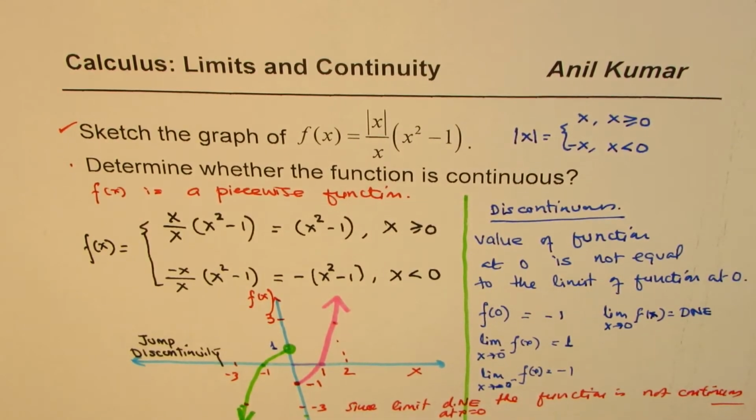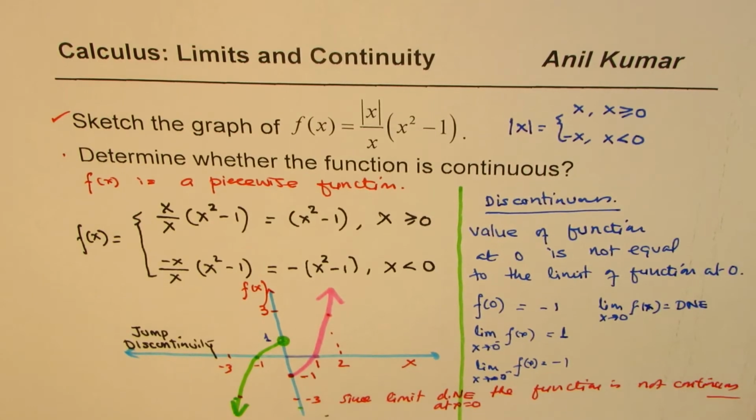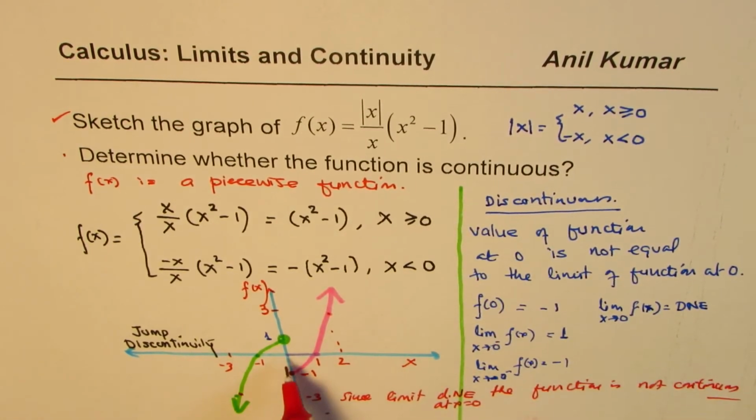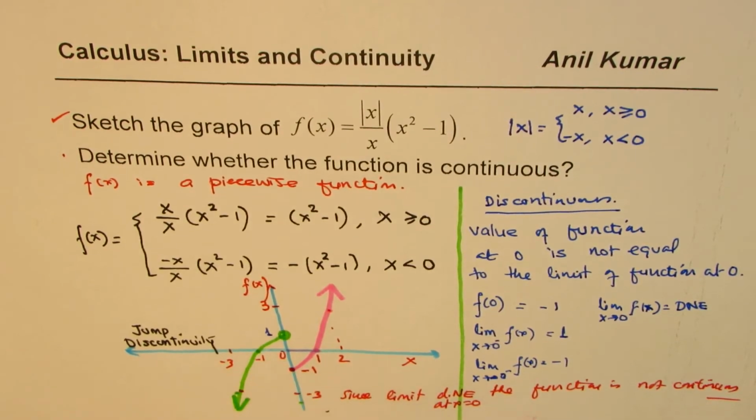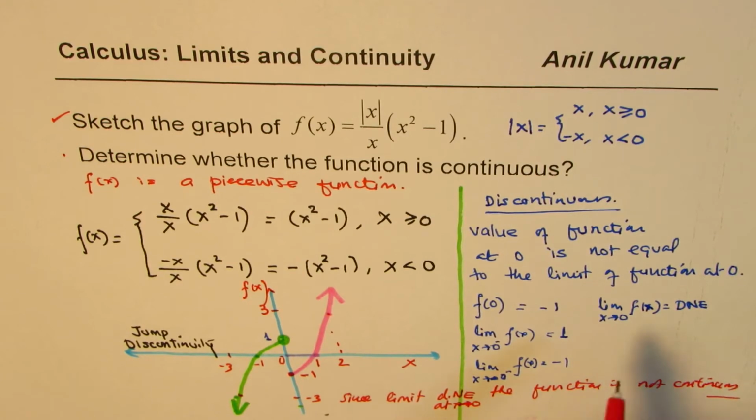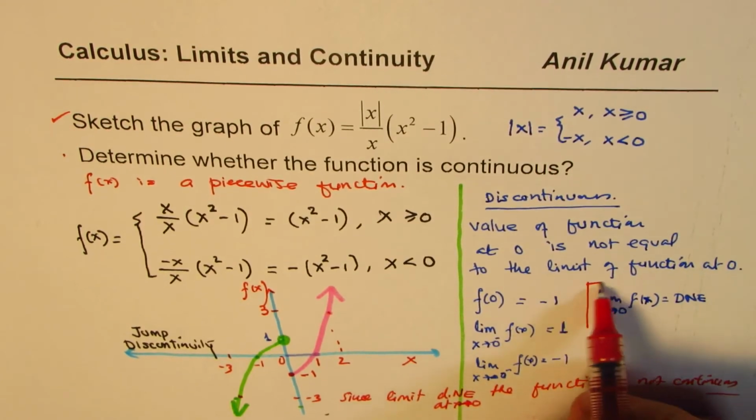I hope that part is clear. So the function in this case is not continuous since the limit does not exist as x approaches 0. So as x approaches 0, that is the reason.